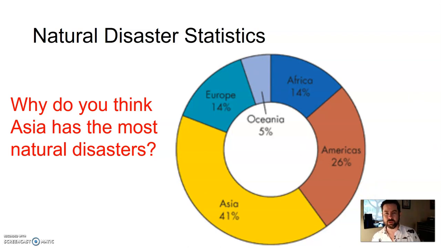It has the most people. Catching on here: China and India, the two biggest populated countries in the world by far, well over 1 billion people in each of those. So more people, more disasters. Asia has 41% of the natural disasters because, remember, disasters are the events that affect people, and if there's more people, more are affected.